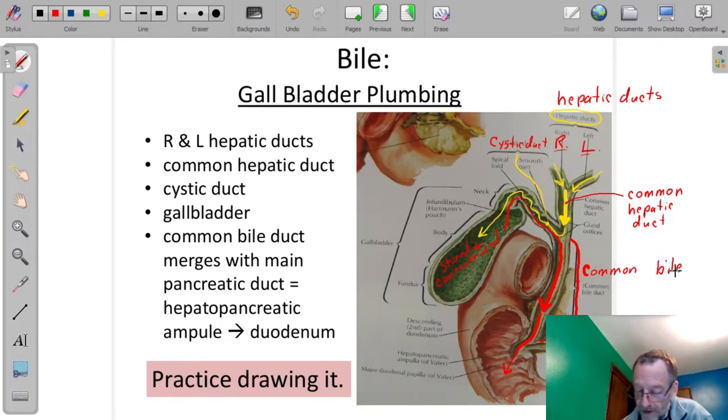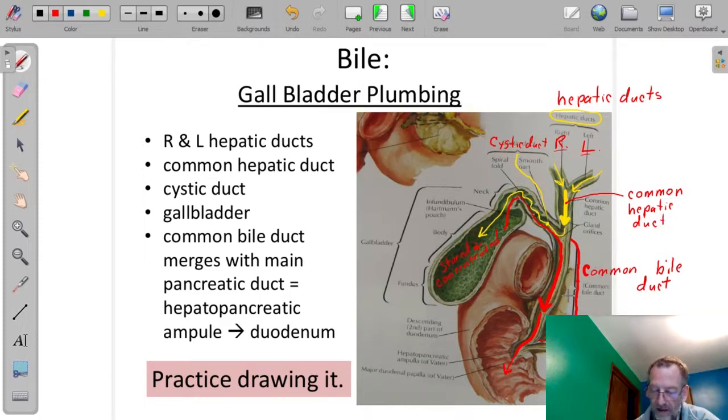You could call it the bile duct, but it goes oftentimes by the common bile duct. Probably an easier place to get messed up would be between the hepatic ducts and the common hepatic duct. Common, again, is referring to a branch.